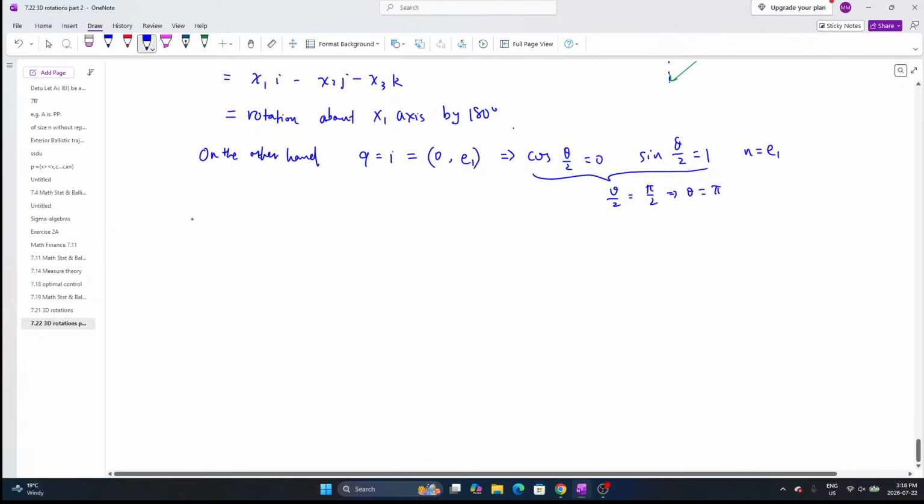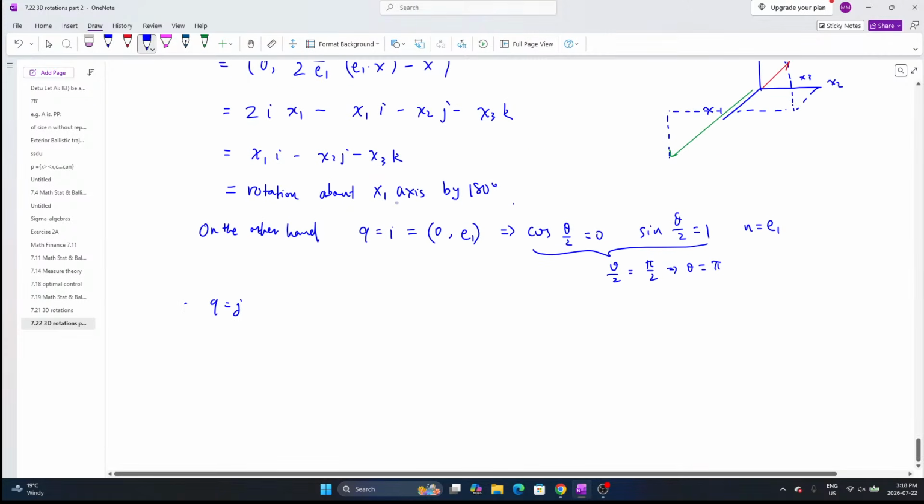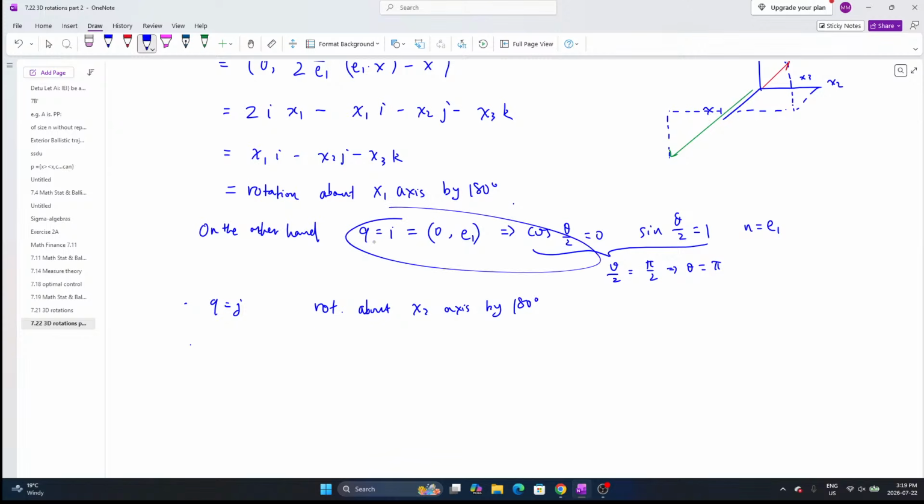And when Q equals J, this is rotation about the x2 axis. Once again, by 180 degrees, same reason as here.